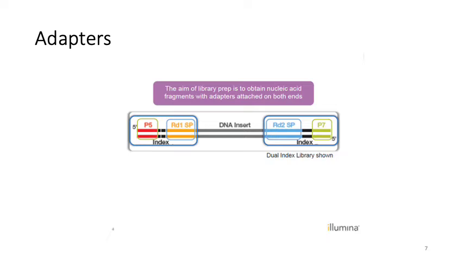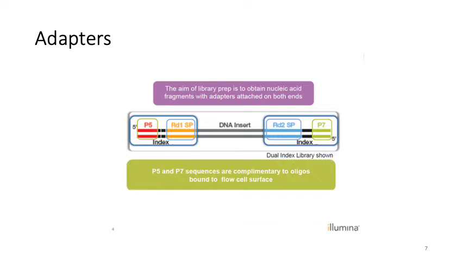The index sequence is a unique sequence of nucleotides used to identify the source of the DNA fragments, for example, patient A. This allows multiple samples to be processed on one flow cell. For example, patient A would have one index sequence and patient B would have a second index sequence. The RD1SP sequence is complementary to one of the sequencing primers. Then we have the DNA insert, which is our fragmented DNA, which is approximately 300 base pairs in size.